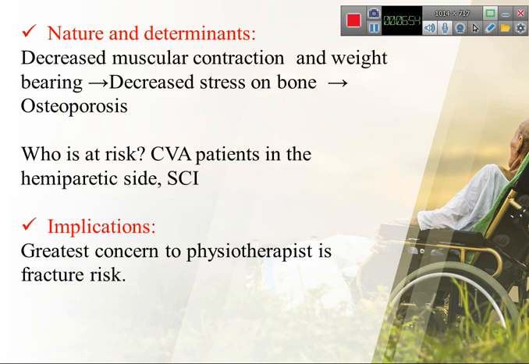CVA patients on the hemiparetic side and SCI patients have osteoporosis more than others. What problems can it make? As I said, the greatest concern to physiotherapists is fracture risk. Osteoporosis may lead to increased fracture risk.